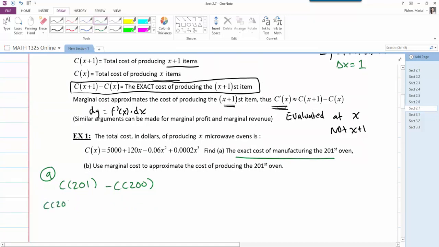Well, C of 201, what that's telling me to do is plug in 201 for all my x's in my C of x.